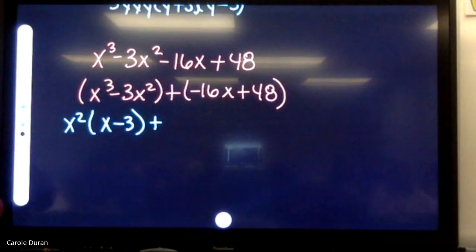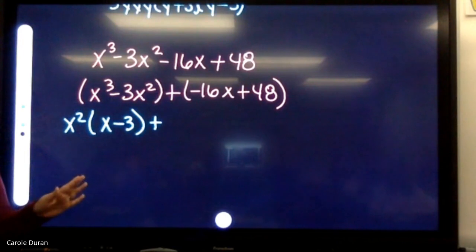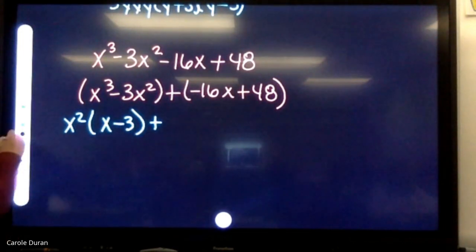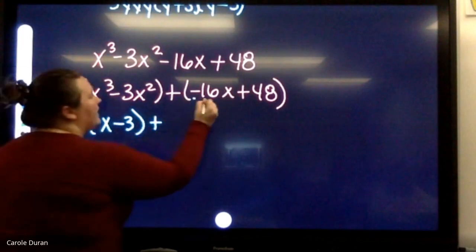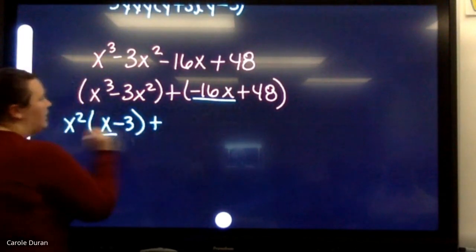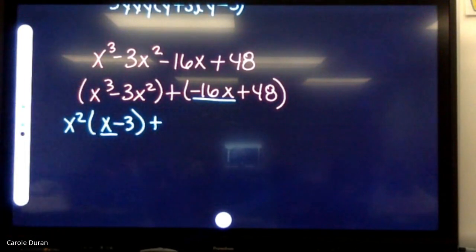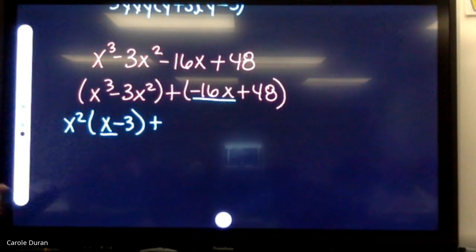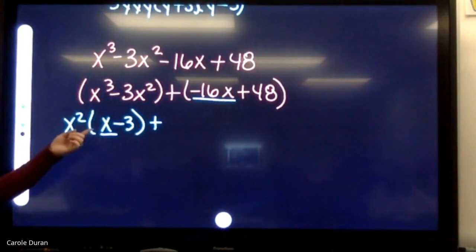Okay, maybe I should think about it a different way. If you're lost, that's 100% okay, because this is a lot to think about. So I like to break it down. I like to ask myself, what can I divide out of this to make it equal that? So I have a negative 16x, and I want it to equal x. What can I take out of it? Negative 16, that's the only thing I can take out of it to make it equal an x.